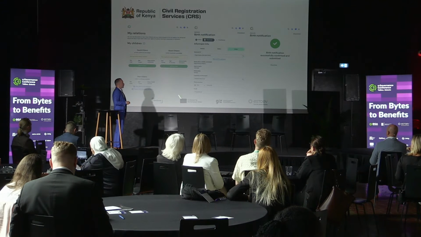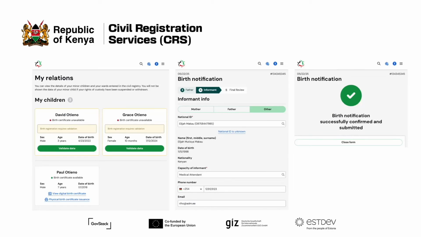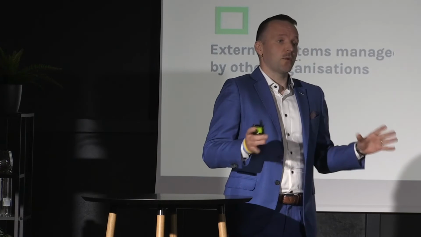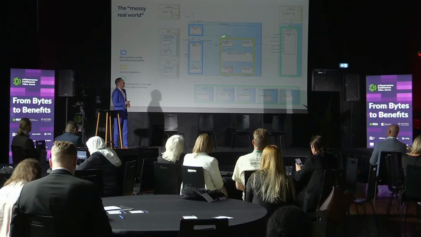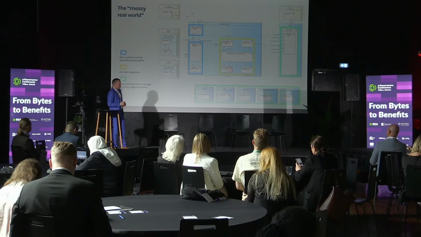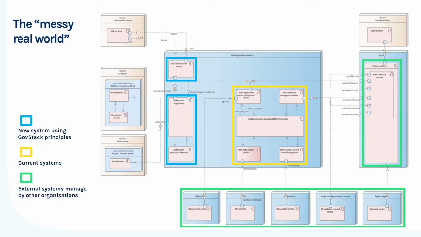There is a solution for how doctors or midwives, or whoever is registering the birth, can register it, and how this is done in a secure way when there is no centralized identification management and no centralized data interoperability layer. It's nice if we have centralized systems, but if we don't, then what we discovered was one of the biggest inefficiencies of this process.